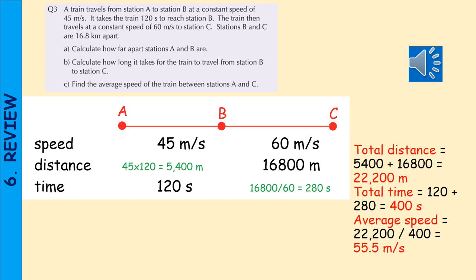You then add your distances together, add your times together, and then you do the speed as the total distance divided by the total time, which will give you an average speed of 55.5 meters per second.